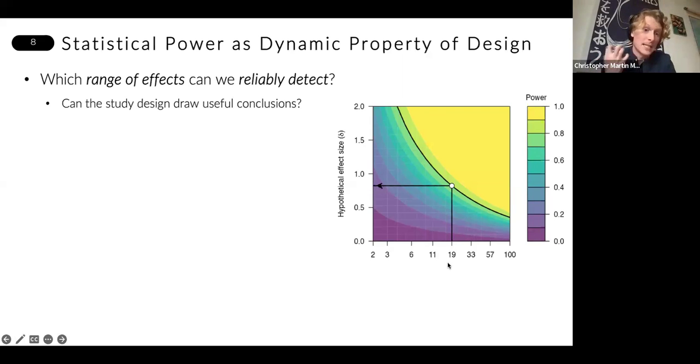Then we can't reliably detect the effect. So if we're interested in finding effects of around 0.35, right, we need more power. We need to increase the range of effect sizes that we can reliably detect given our sample size. Okay, so this is a nice dynamic way of thinking about it: if we're interested in very strong effects, right, if we're interested in effect sizes around 1.2, 1.5, then we're actually fine. We can reliably detect these effects.